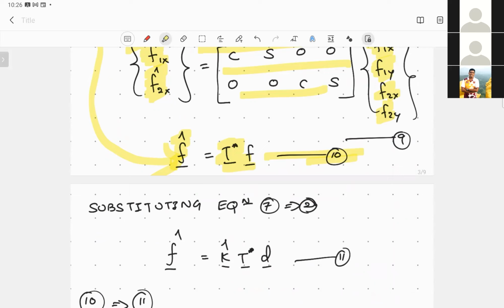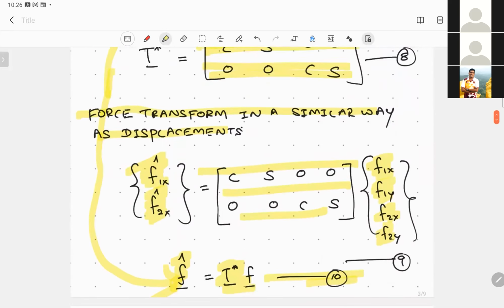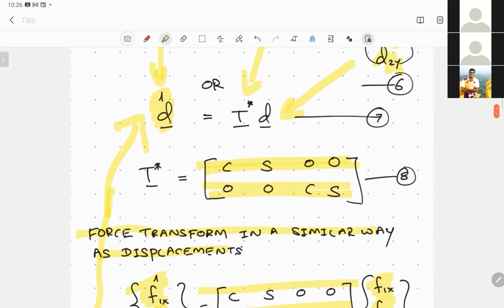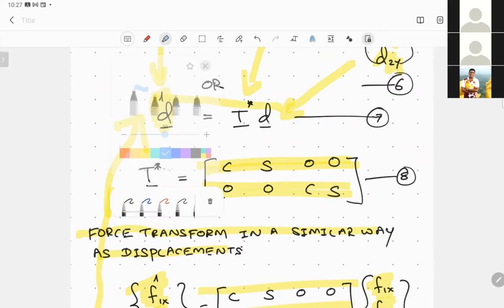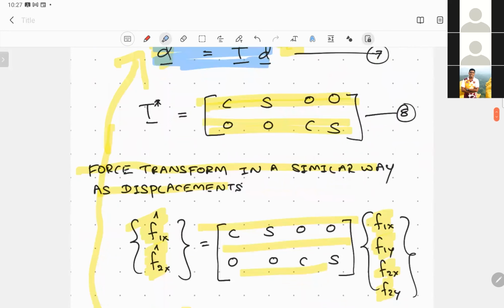So where are we going at the moment? We can use equation number 7, the displacement relationship between the global coordinate system and the local coordinate system, and use this in the force equation.